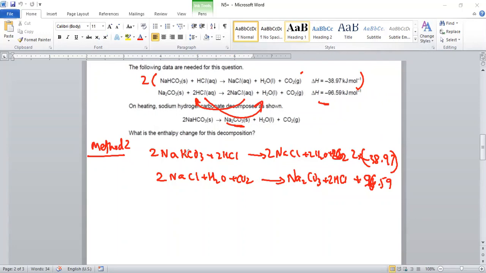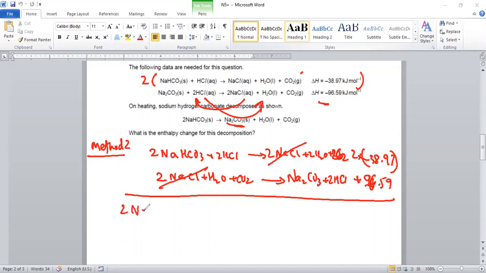Okay. Now you add. In method 2, you have to add the given equations, but before adding, you have to see whether you have to multiply or divide the equation, or flip the equation. You can know that by looking at the required equation. Sometimes the required equation is not given, you have to make it. So 2 NaCl on the product side and 2 NaCl on the reactant side of the other equation are subtracted.